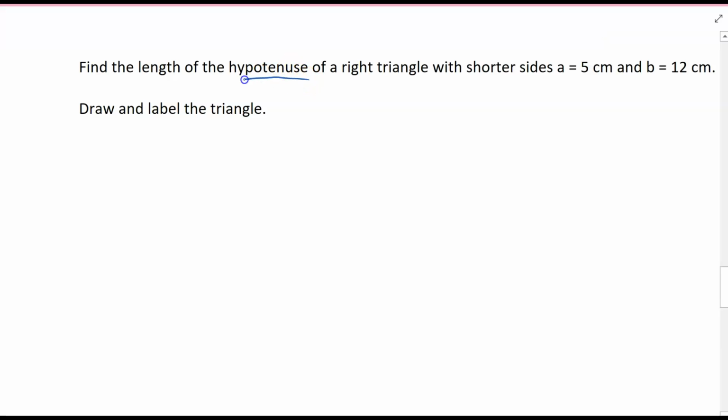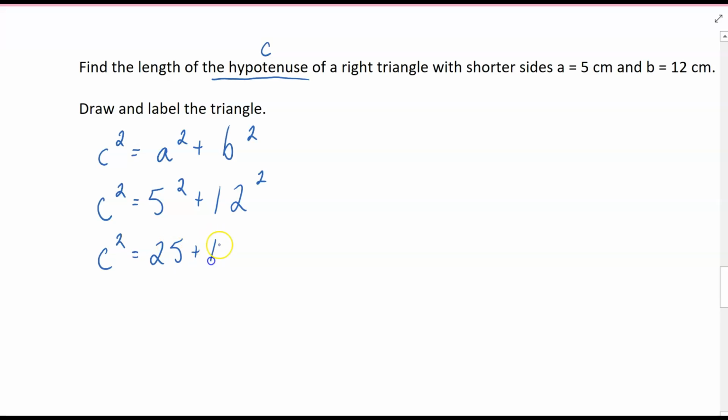So we're looking for the hypotenuse, which is c. c squared is equal to a squared plus b squared. c squared is equal to 5 squared plus 12 squared. c squared is equal to 25 plus 144. c squared is equal to 169.